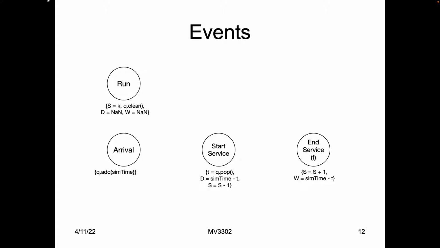That's what the arrival event is going to do. And in terms of the size of the container, that does the same thing. But see now we can't do that with our old capital Q because that was just an integer. This is a container, and so now we simply add. We're taking the value of sim time and we're just putting it into this container.